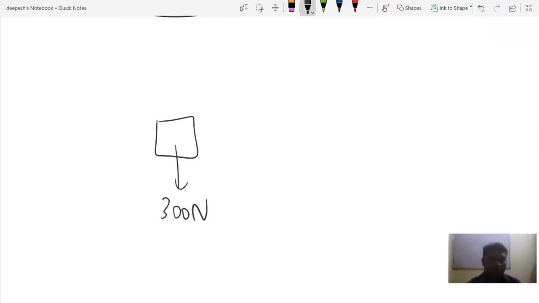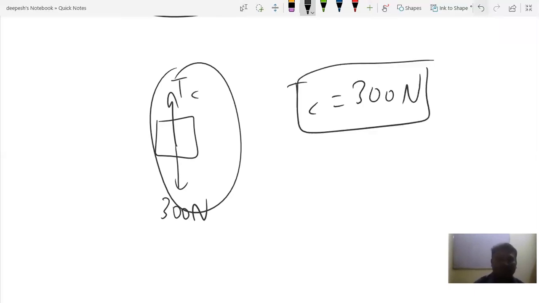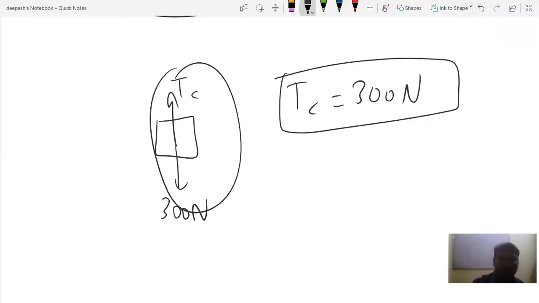So downward direction we have 300 Newton, and in upward direction we have TC. So from this, what can I say? The value of TC, it will come out to be how much? So let us see, TC in this case comes out to be 300 Newton. So now once we find the value of TC as 300 Newton, let us substitute this value in the other two equations.